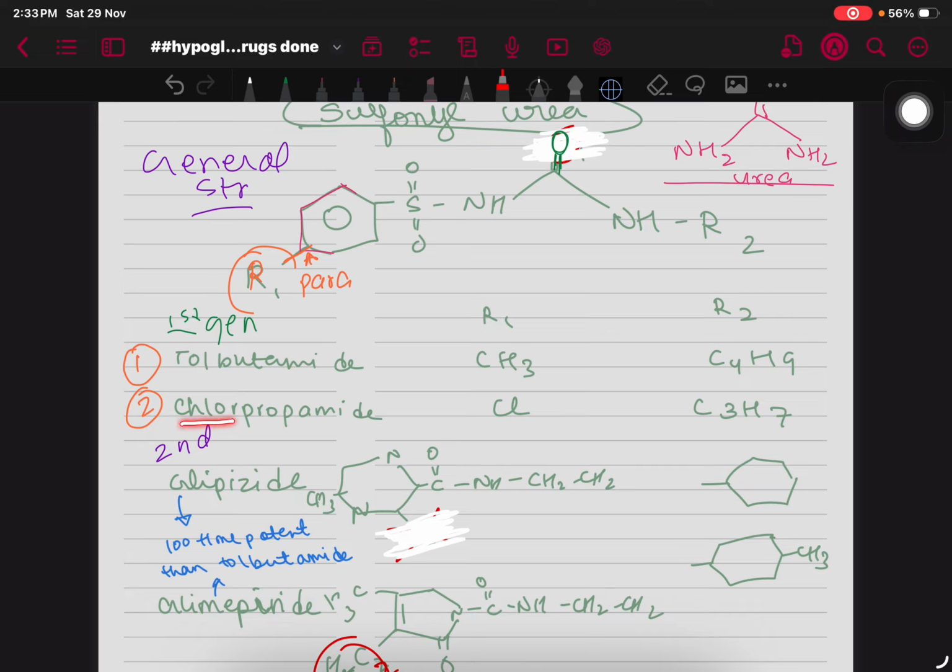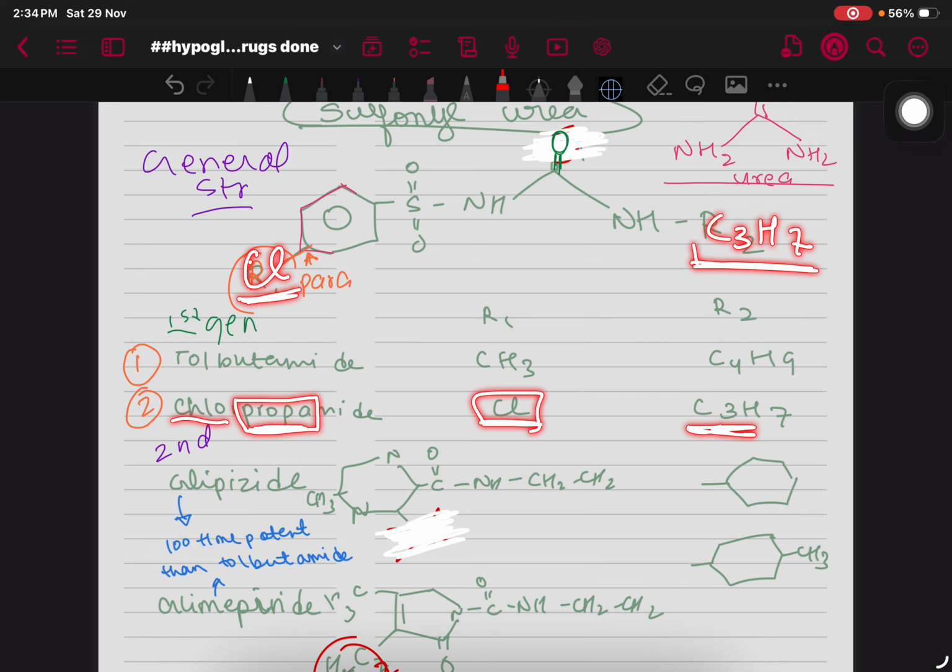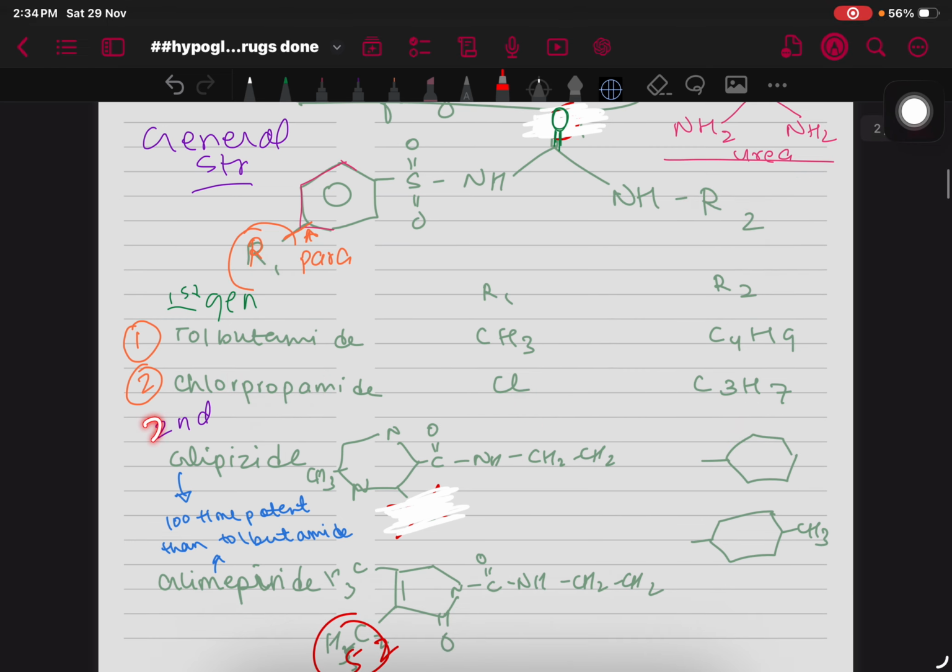Then we have chlorpropamide. In this, at the R1 position you have chlorine, and at the R2 position you have propane, so C3H7. Then we have the second generation drugs, glipizide and glimepiride.